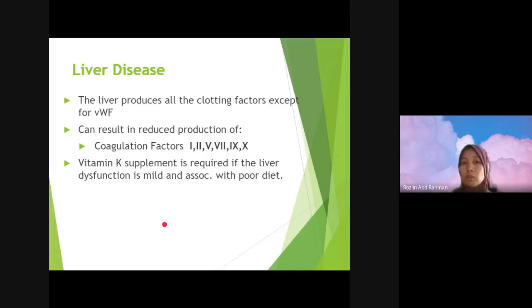Okay, so how do we treat? We have to treat what caused the liver disease, but it's usually quite difficult to treat patients with liver disease. But when they have bleeding, it can be multifactorial. Maybe bleeding from esophageal varices, from gastritis, from peptic ulcer.